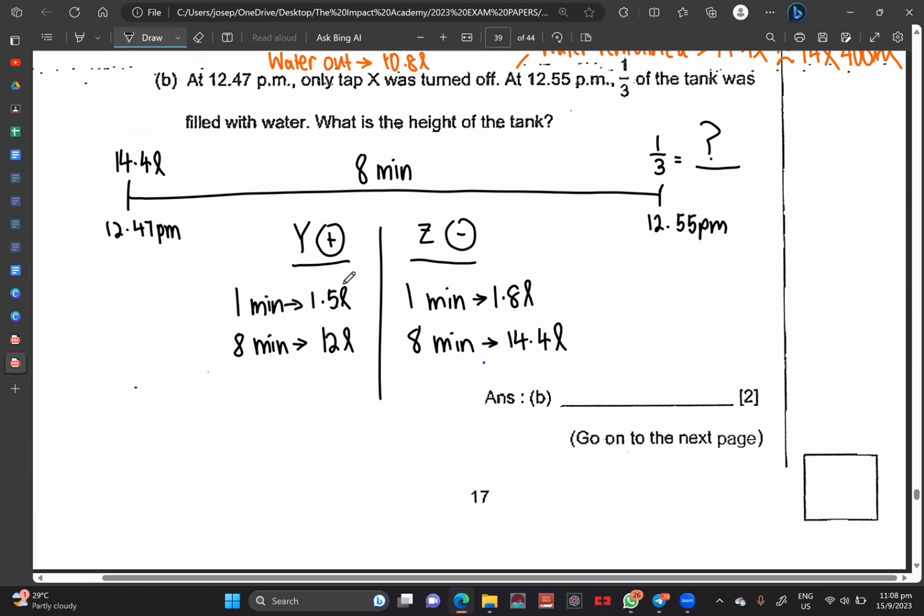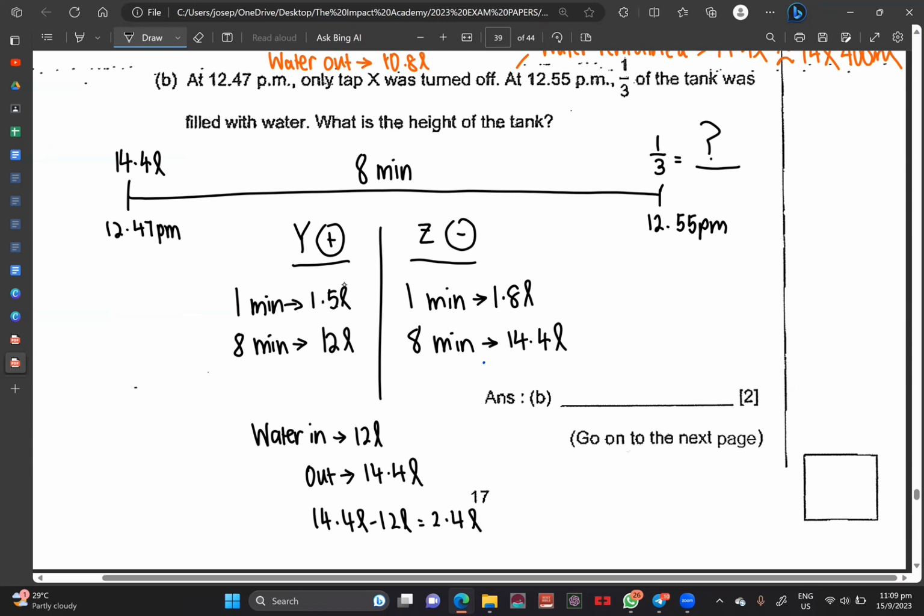But because of Y, what happens is this. Over here, you can write down water in is 12 liters. However, water out is more than what is in. So how much water actually went out? We just have to do 14.4 liters minus 12 liters, and we get 2.4 liters.